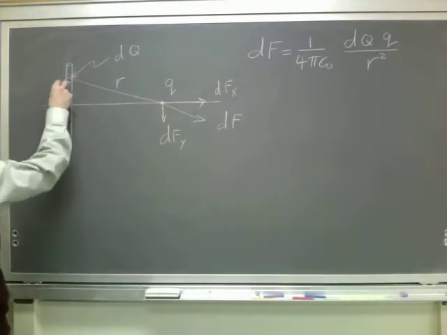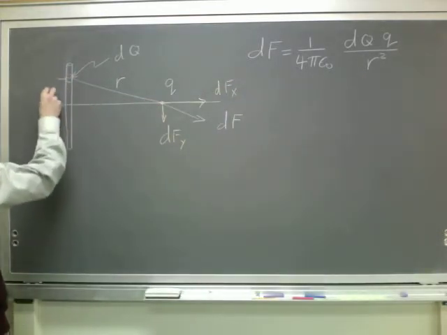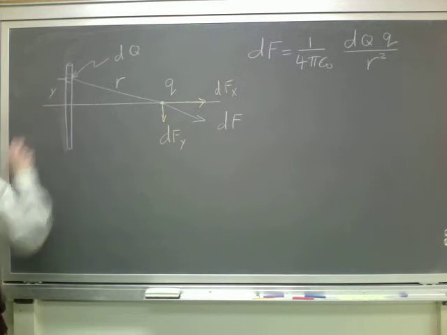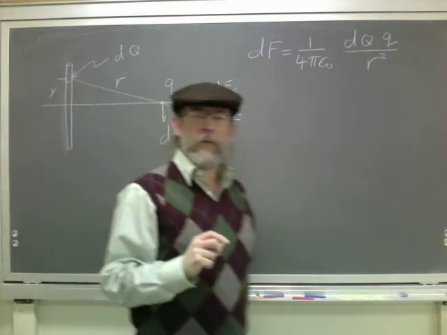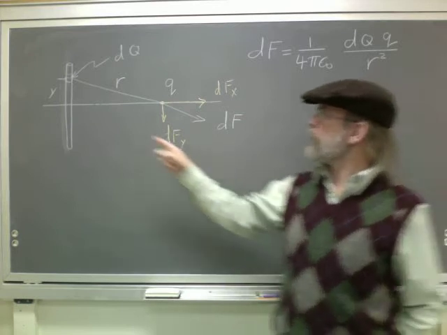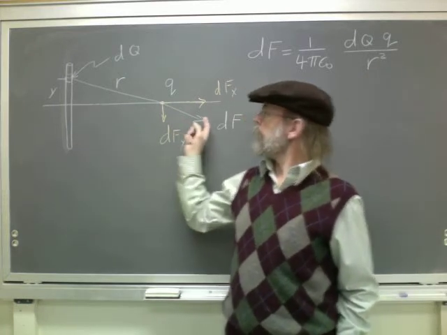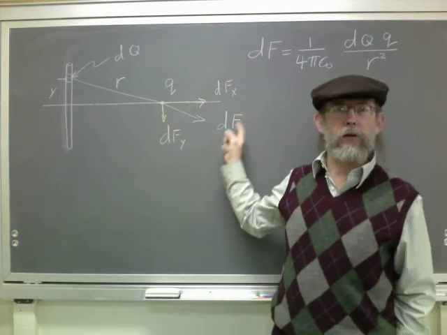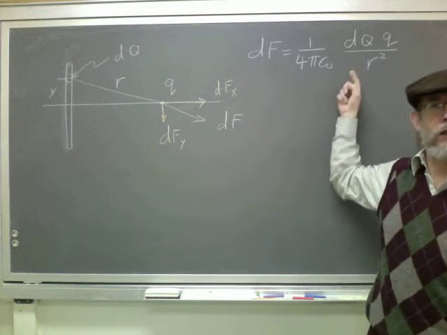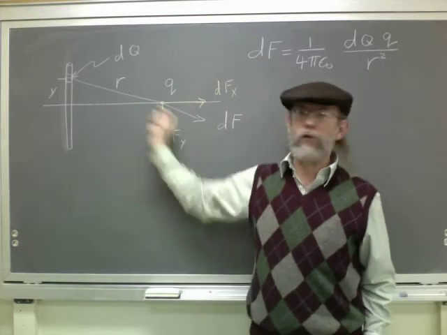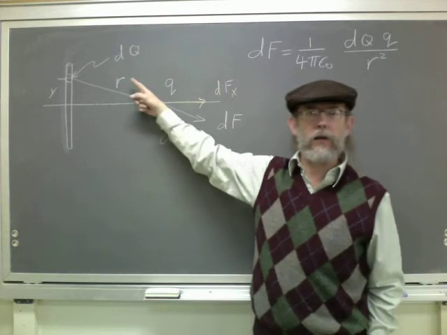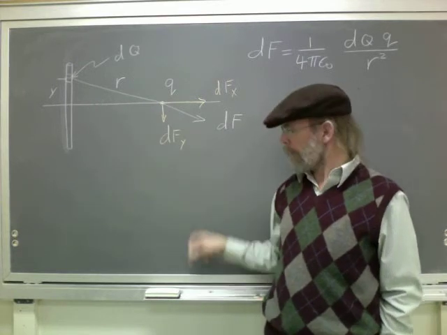So from here to there, we'll call that y. That means that I'm now able to describe the size of df in terms of r, but if I look at this triangle, I can also describe r in terms of y.